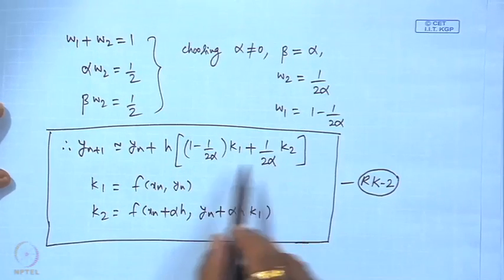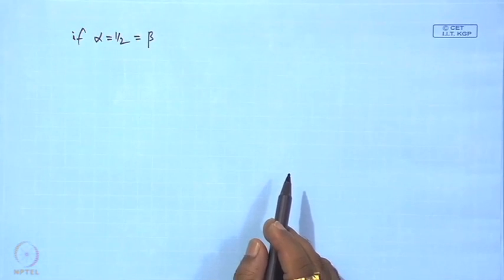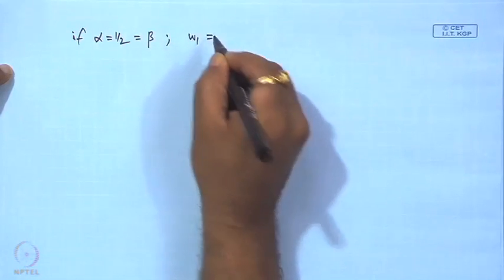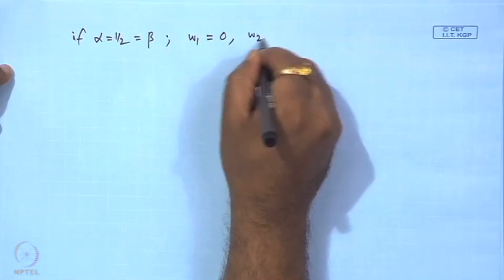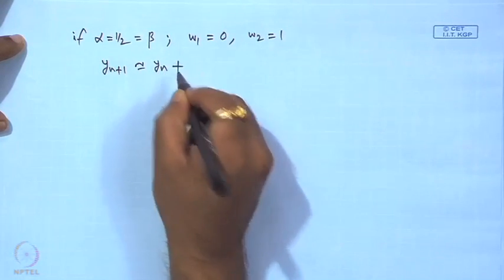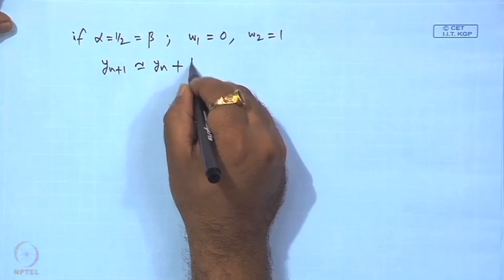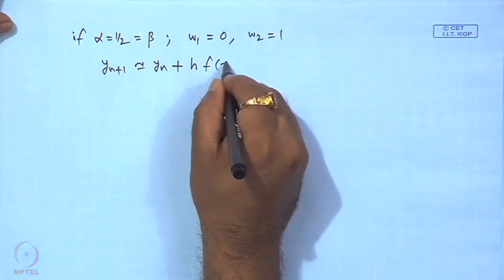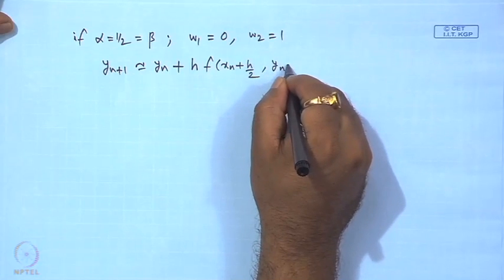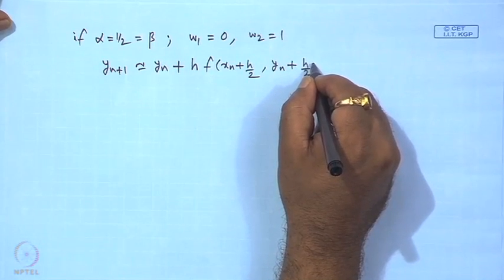So, if alpha is half, beta is half, then we get W 1 is 0, W 2 is 1, and your method reduces to y n plus 1 is y n plus h f of x n plus h by 2, y n plus h by 2 f.